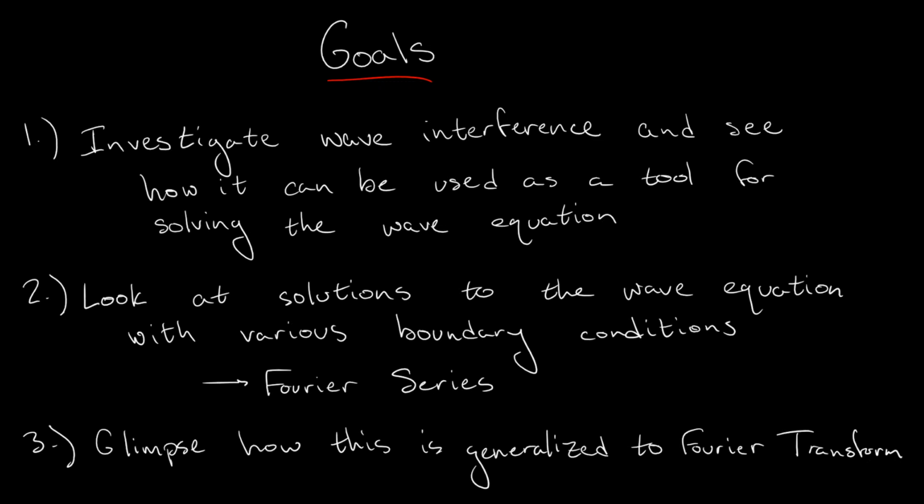And then towards the very end, we'll get a brief glimpse of how all of this can get generalized to the idea of a Fourier transform, which is going to be a much more general tool that we can have at our disposal that we'll be talking about a lot more in the future.